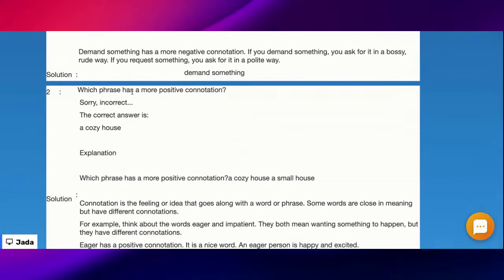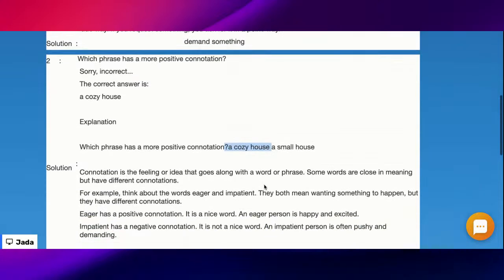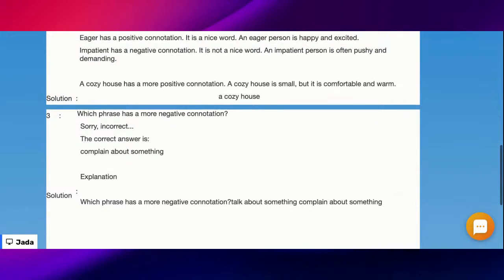We also have, which phrase has a positive connotation? A cozy house or a small house? Which one is more positive? A cozy house is more positive because it is comfortable and warm. It is soft and nice.